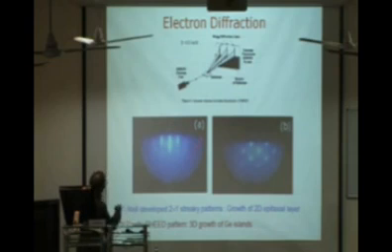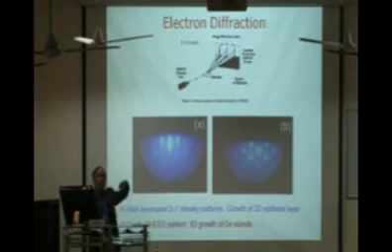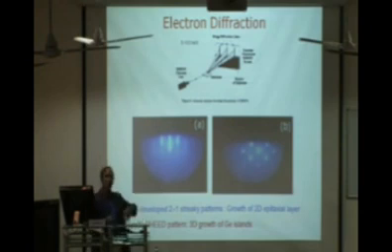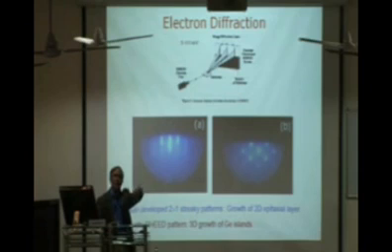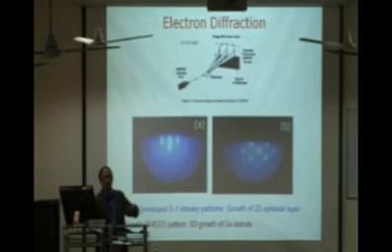When it is 2-dimensional growth, you get a purely crystalline, streaky diffraction pattern, which is the 2-dimensional representation. After a few monolayers of growth, maybe 4 to 5 monolayers depending on the growth temperature, there is a transformation from streaks to spots. So you know that there is now a formation of 3-dimensional quantum dots or islands, and the growth can be stopped and they can be used for making devices.